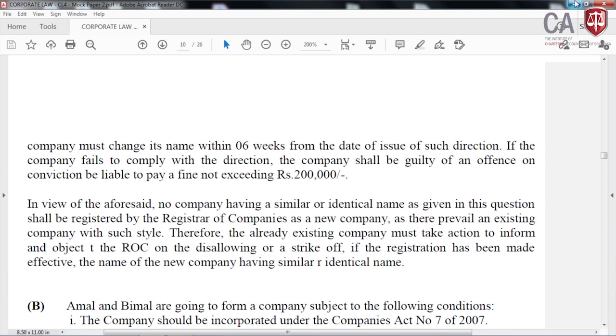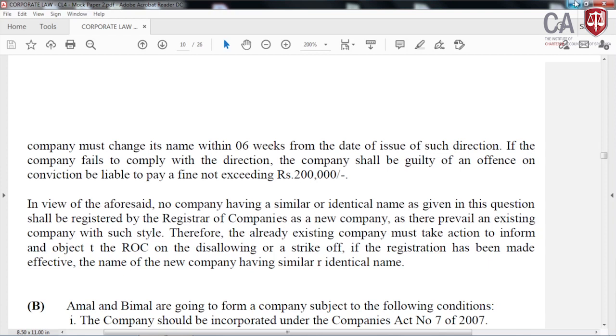If the second company fails to comply with the direction, the company shall be guilty of an offence and on conviction be liable to pay a fine not exceeding 200,000. That means a maximum of 200,000 rupee penalty.